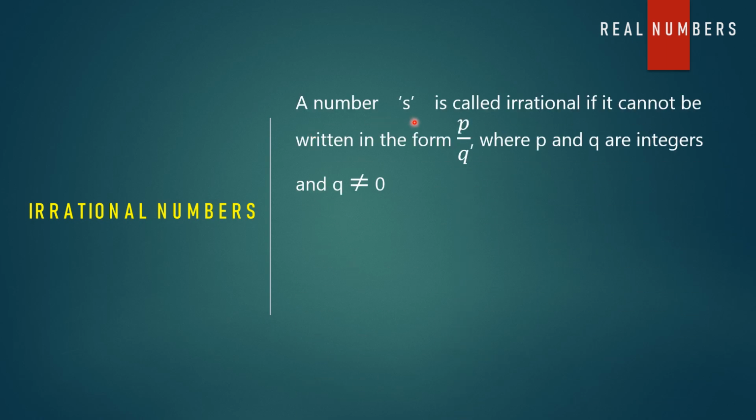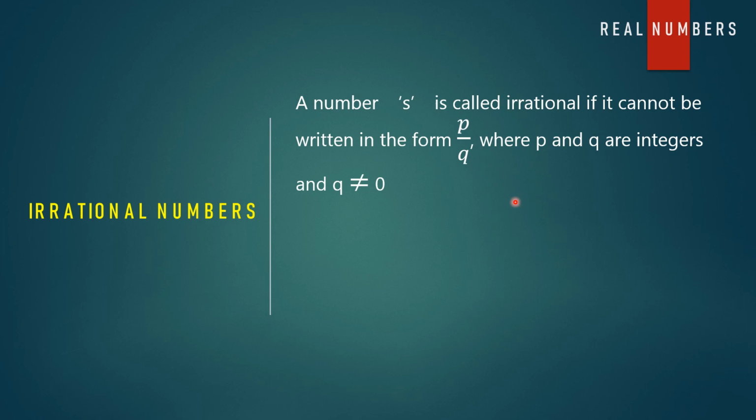Irrational numbers. A number S is called irrational if it cannot be written in the form p by q, where p and q are integers and q is not equal to 0. This is the definition of irrational numbers. We know about rational numbers: numbers that can be written in the form p by q, where p and q are integers and q is not equal to 0, are called rational numbers.